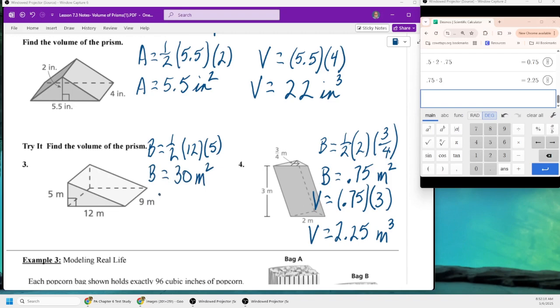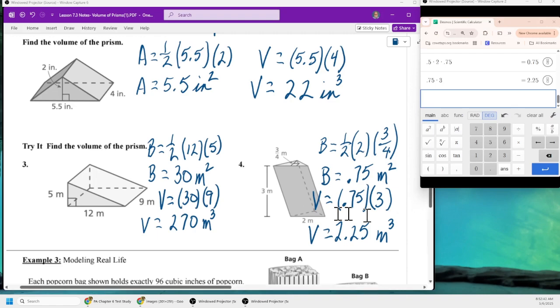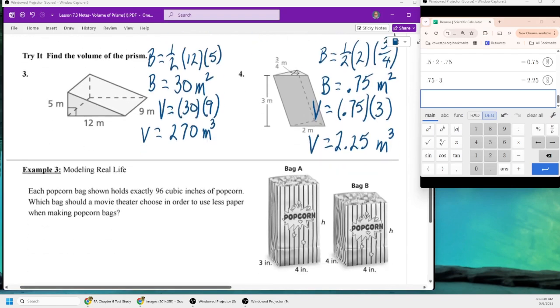And then the volume is going to be the area of the base times the height of the prism, which is 9. So the volume is, did you get 270? Yes. Meters cubed? All right. Good job. Who got 270 when you did that? Anyone? Good job. All right.